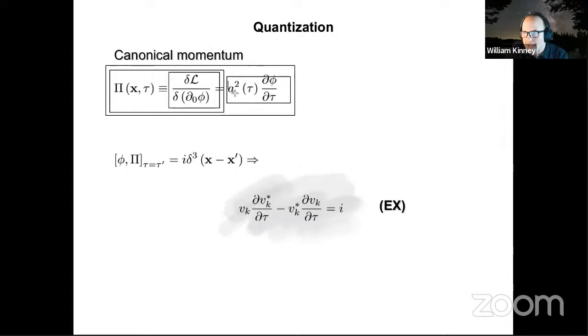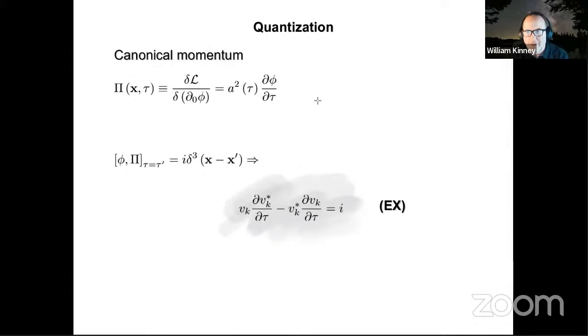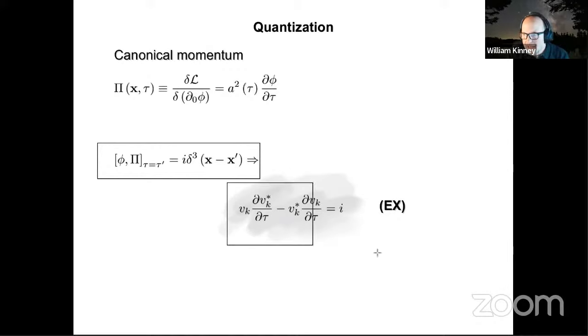So this is where the expansion comes into the quantization condition: the canonical momentum actually has a time-dependent factor in front of it due to the cosmological expansion, relative to what's familiar probably from Minkowski space field theory. And then I can write the canonical commutation relation between the field and the canonical momentum. And it is a straightforward proof to show that this results in a Wronskian condition on the mode function v sub k as follows, right?